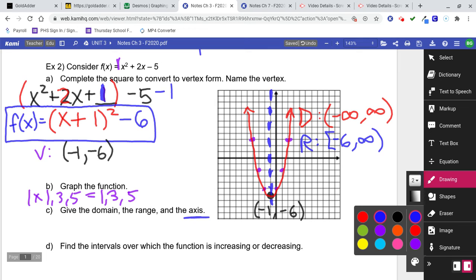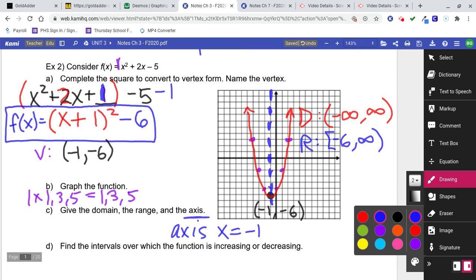It definitely has to do with the x number of the vertex, -1, but the axis of symmetry is going to be given by x equals -1. X equals whatever the x part of the vertex is, okay? So get a hold of that. They're going to ask you something about the axis. It's just going to be the x part of the vertex.